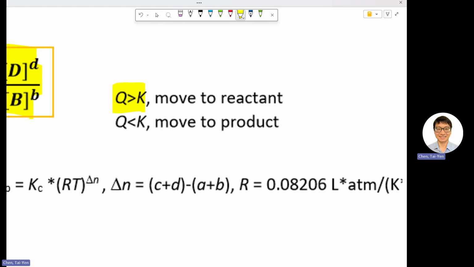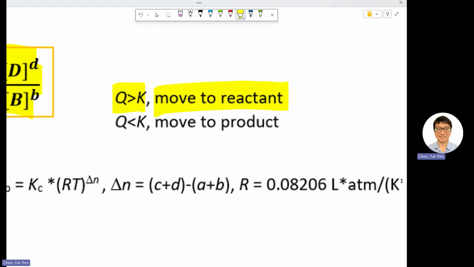But you know eventually your Q needs to be equal to K, right? That means the reaction needs to move in a direction that minimizes the product, right? Therefore, you can predict that the reaction is going to move to the reactant side. Okay, so if you have that in mind, you should be able to understand why that is the case.